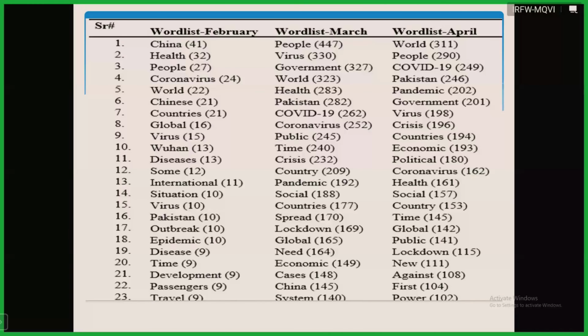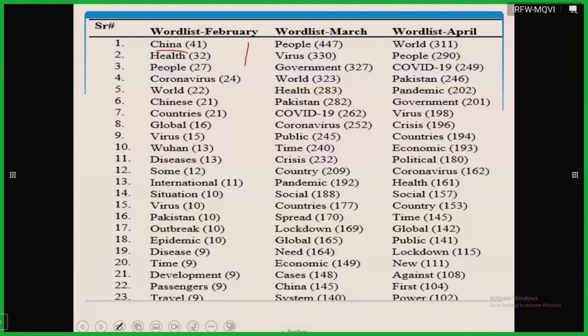The first column is related to the editorials that were published in February. The other is related to March, and the third column is related to April. Now, my point here is by just looking at the word list.